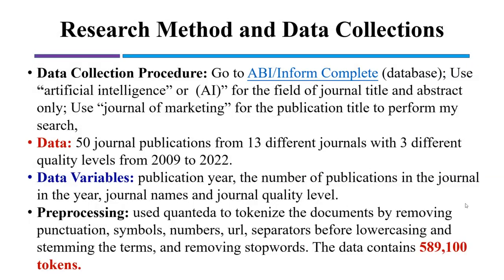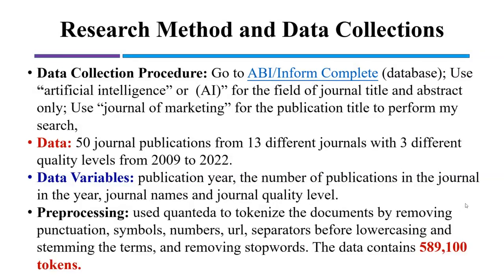So at the end, I noticed the first publication is 2009, and the last one, because I did it last year, I can only find 2020. So there are 50 journal publications from 13 different journals. I did label these 13 journals.